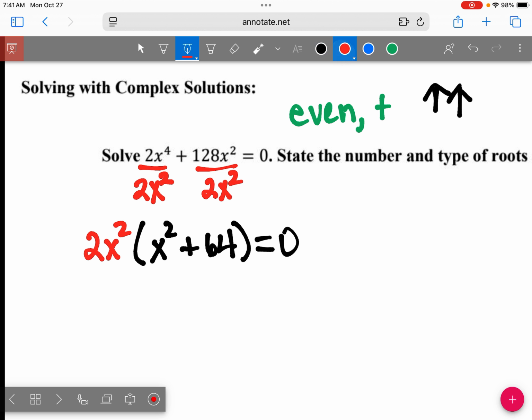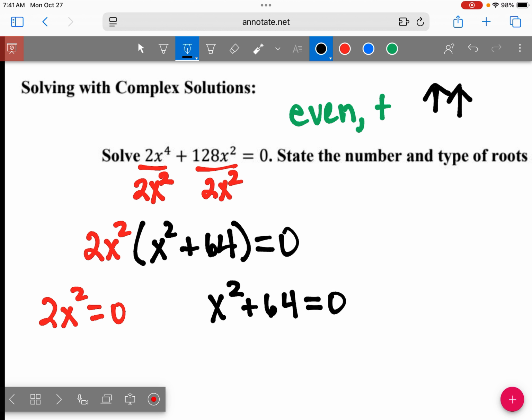So this is very similar to the last one we did. Set both of these equal to 0. This x squared plus 64 is going to be imaginary. So go ahead and look at the example we did above it and try to get your two solutions.